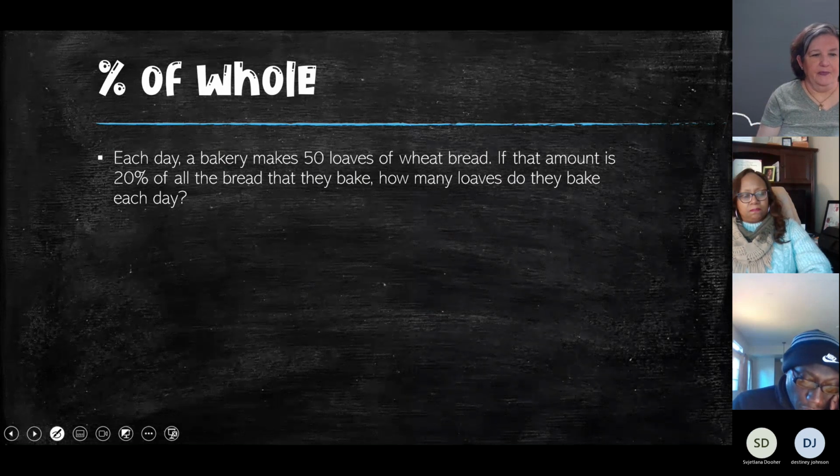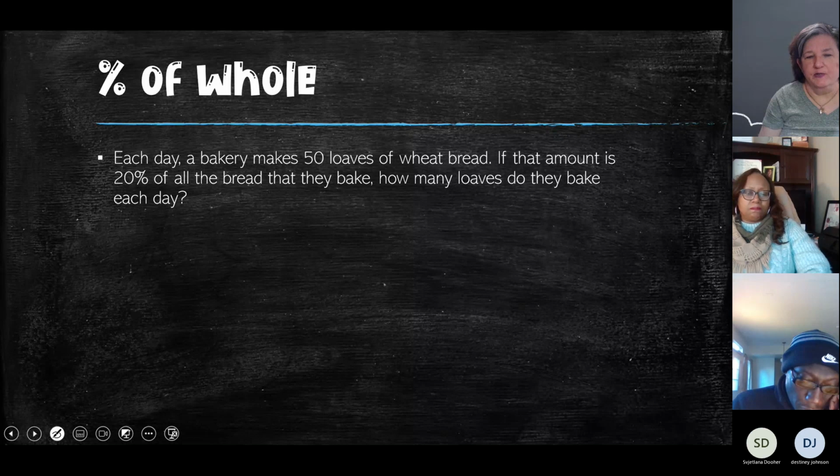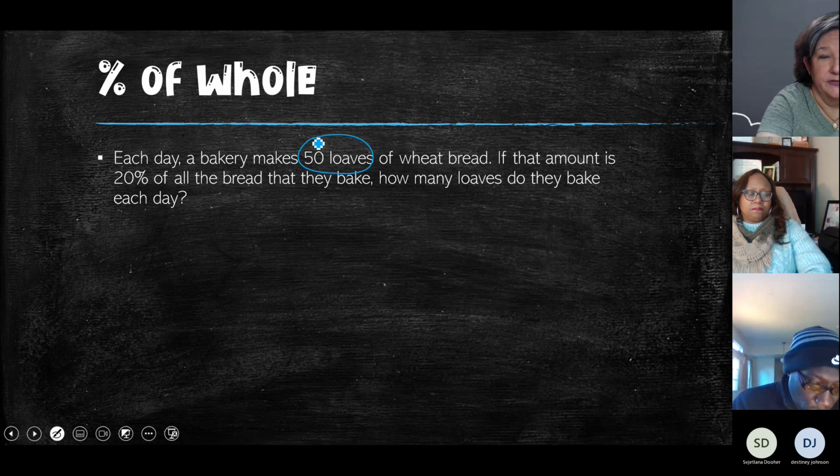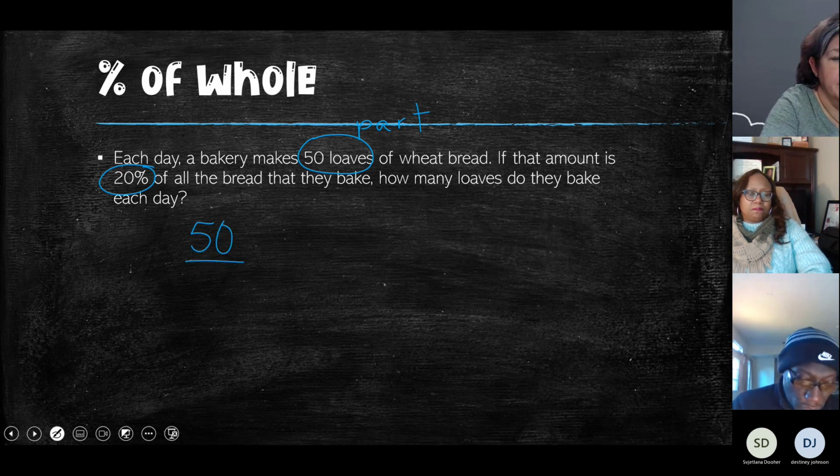Okay. Each day, a bakery makes 50 loaves of wheat bread. If that amount is 20% of the bread they make, how many loaves do they bake each day? The pieces of information that we have: the 50 loaves is the part, and we've got the percent. When we set this one up, 50 is going to go on top.